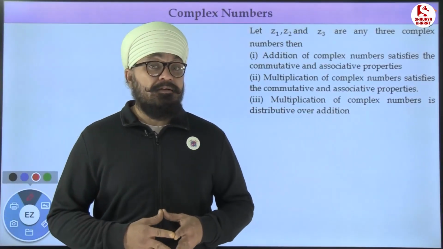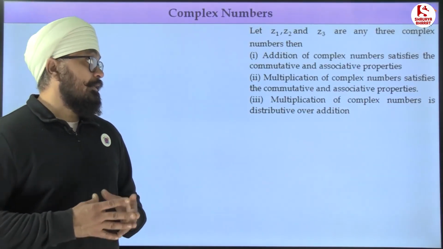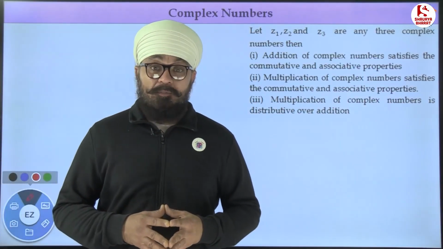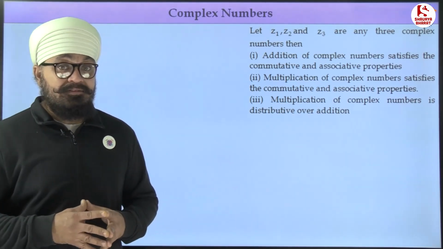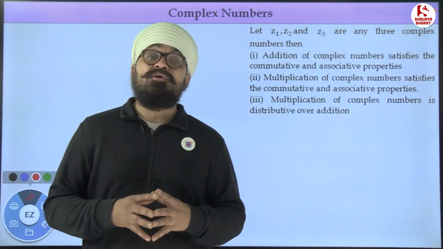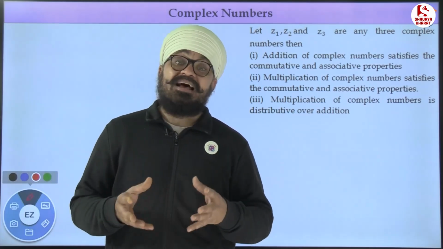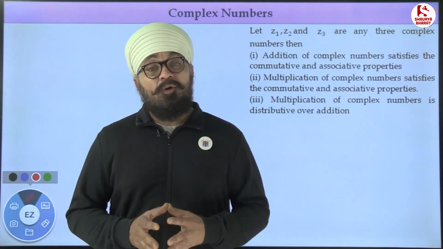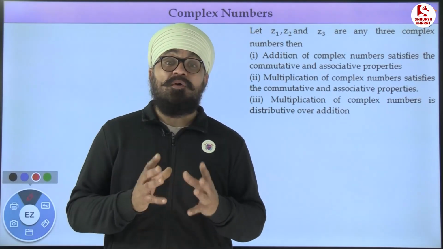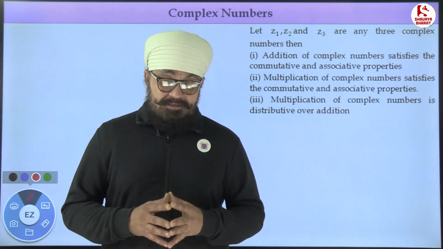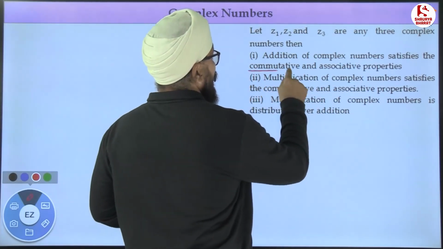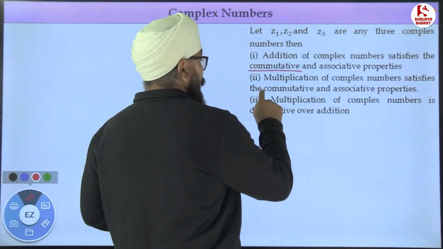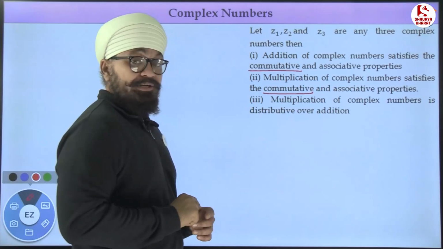Now, let us take the properties of addition and multiplication of complex numbers. As we are studying complex analysis, here the complex numbers form an algebra, so all the properties of algebra are valid here. First, we have the commutative law for addition as well as for multiplication.